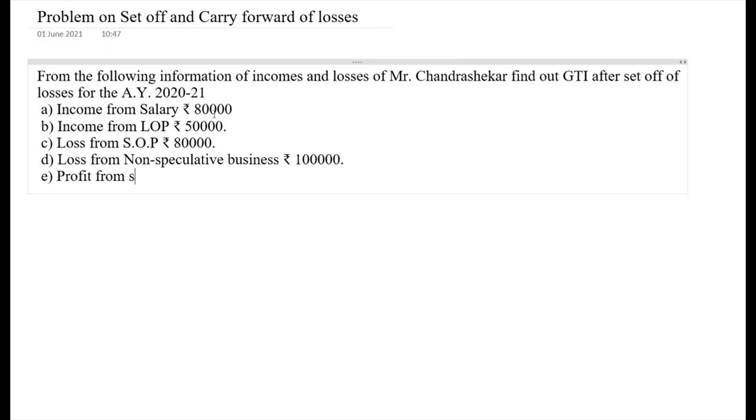Profit from speculative business, rupees 1,20,000.